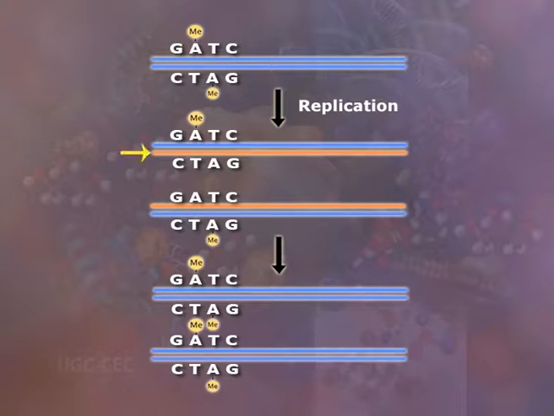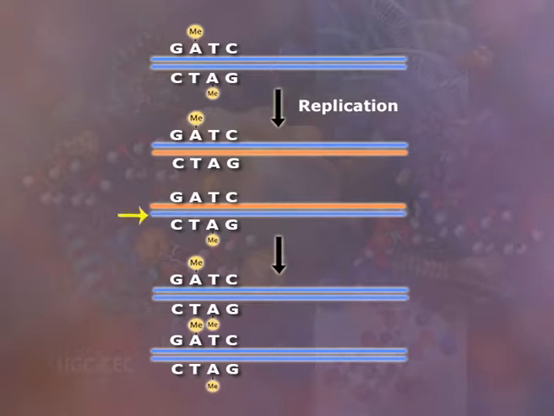However, while parental strands are fully methylated, the newly synthesized daughter strands near the replication fork are not yet methylated. The mismatch repair system recognizes the degree of methylation of each strand, and when a mismatch is found, it preferentially excises nucleotides from the undermethylated strand, that is, from the daughter strand.